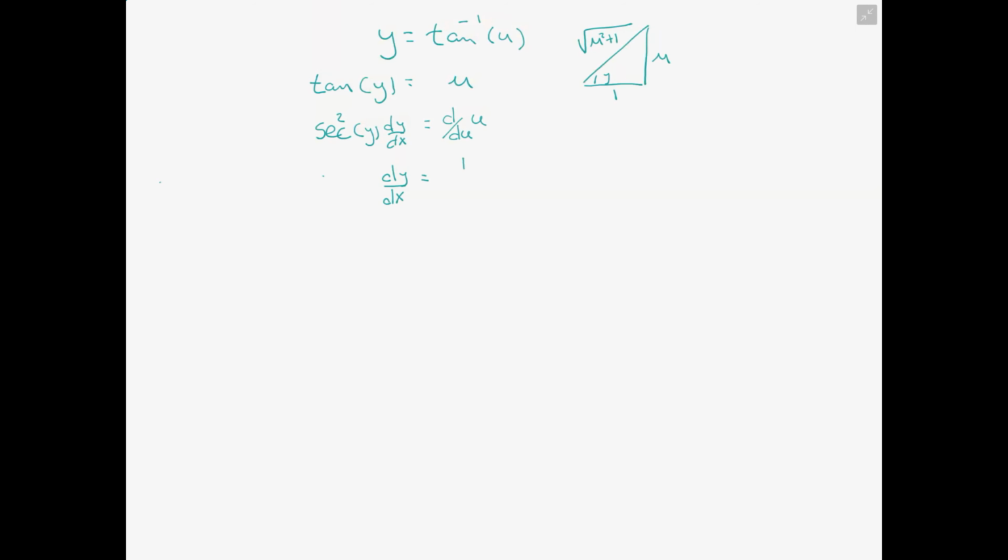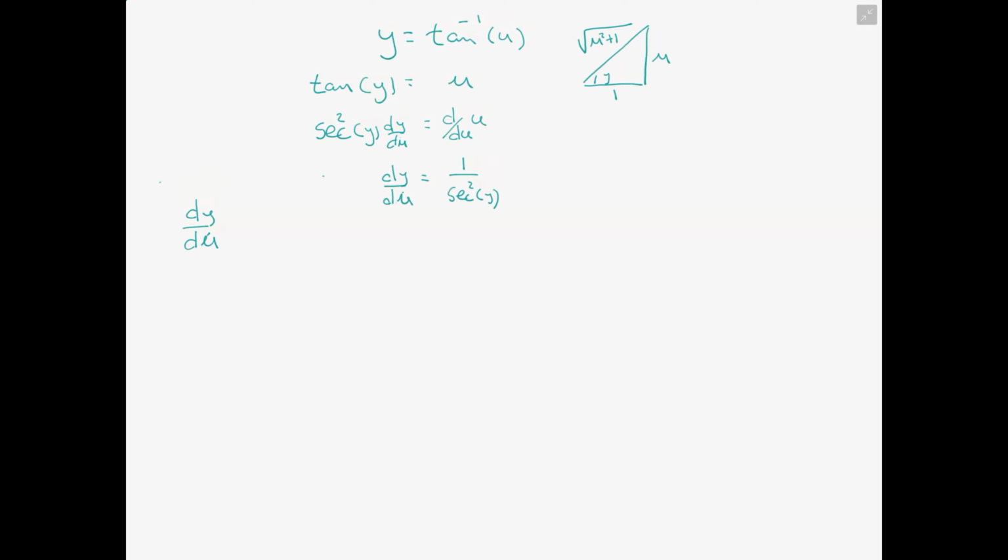So our derivative of the tangent function is secant squared y dy. dy/du equals 1 over the secant squared of y. But then dy/du, why am I saying dx?